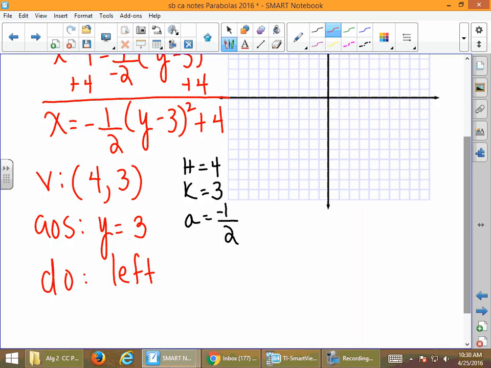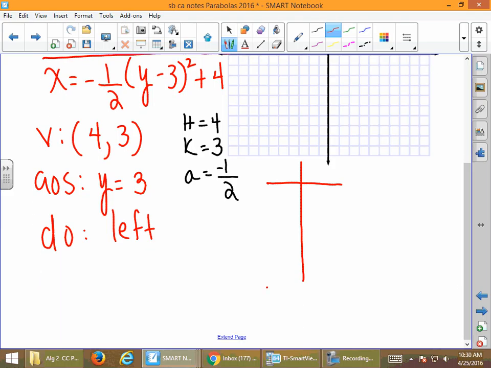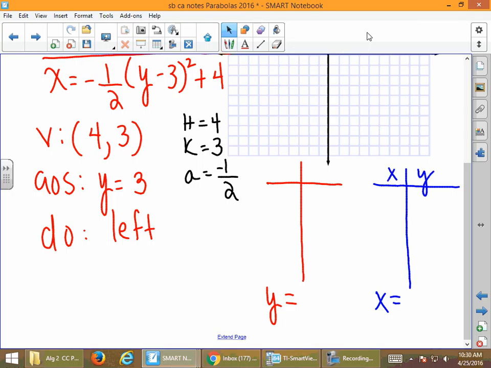But when we go to graph this, we're going to type into our calculator in the y equals format. And then to get the x equals, we will switch places. So maybe I'm the only one that has to make the table, but I find it helpful to do that.